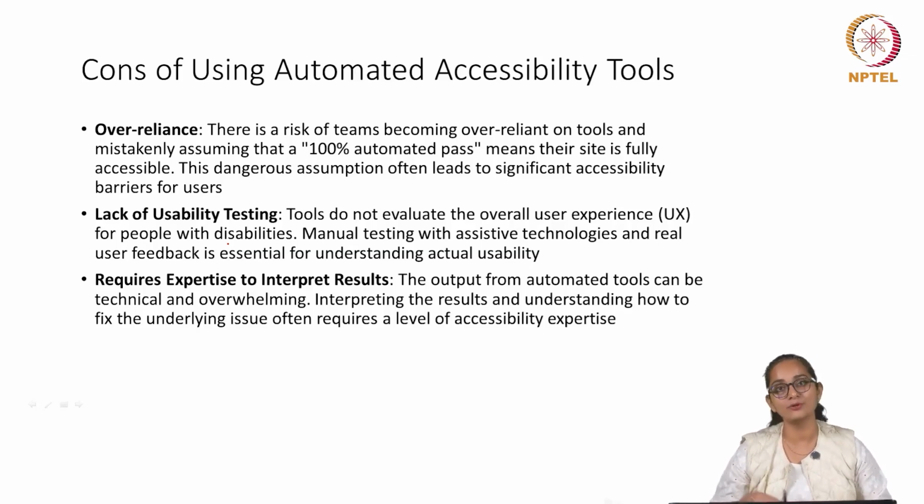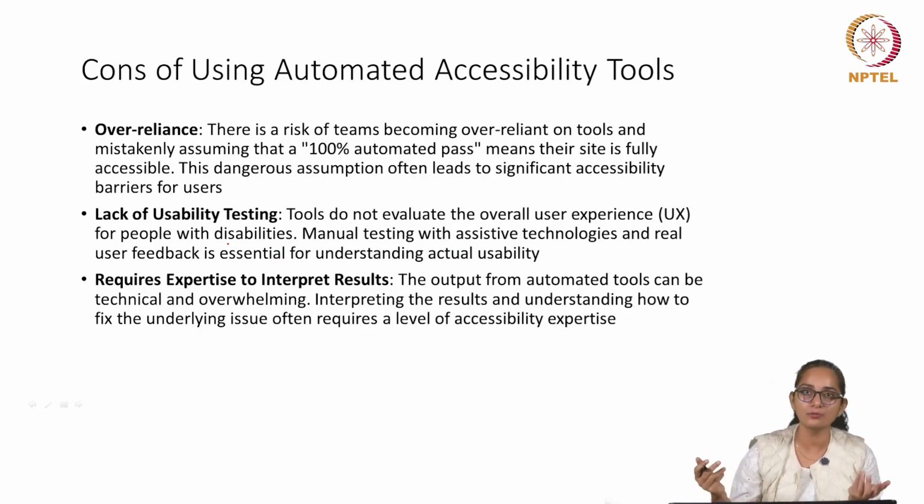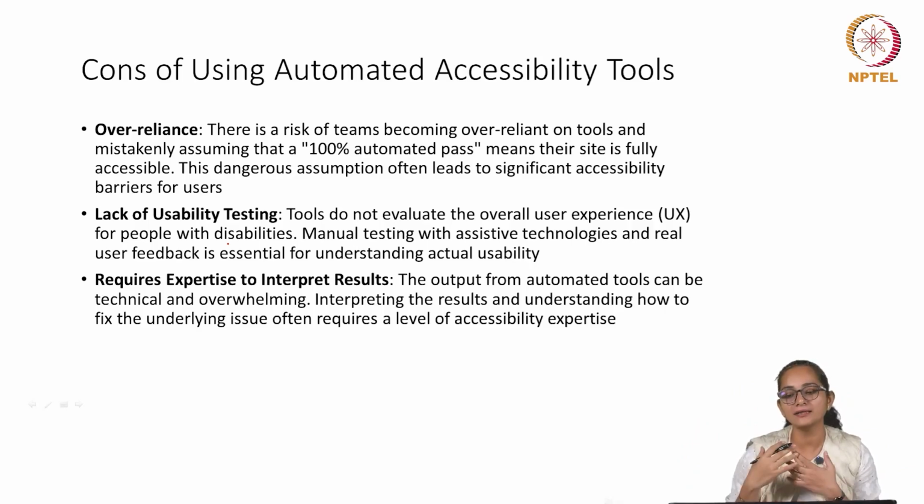Only then will they be able to understand, because it says the number of the criteria. So it will say you have a violation of 1.1.1. If you don't know the meaning of 1.1.1, or you don't know what the WCAG list of guidelines is, and you can't go back to that list and see which one is 1.1.1, without that information you will not even be able to interpret the report generated by these tools.